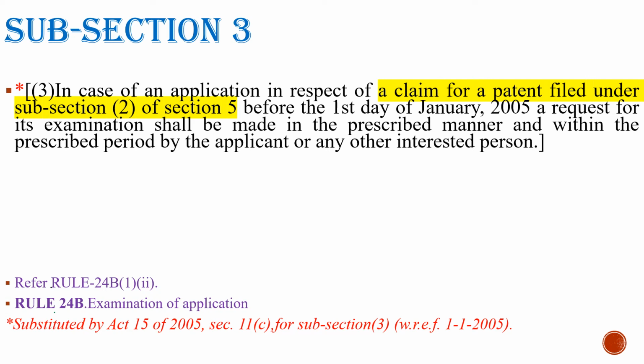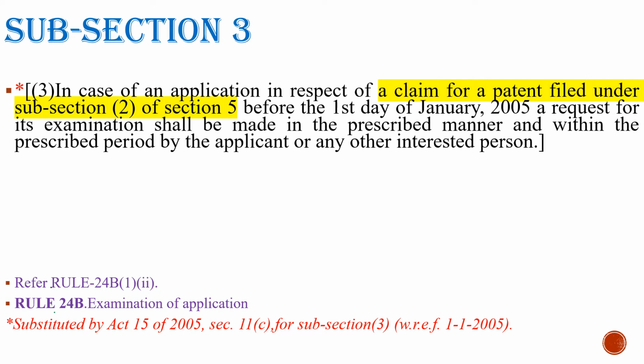It was about inventions where only methods or processes of manufacture are patentable. This was the title of section 5, and it is repealed by the Patents Amendment Act 2005, that is Act 15 of 2005.